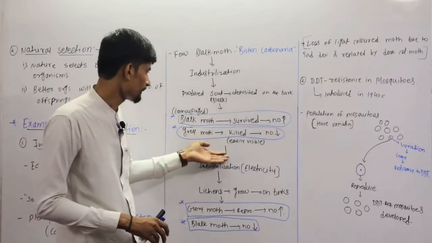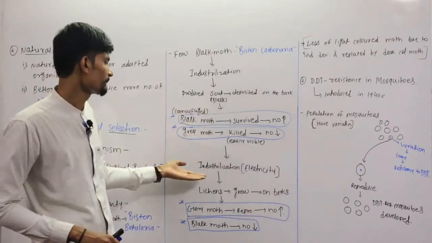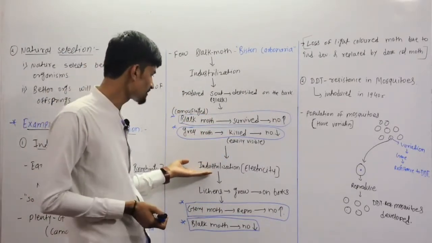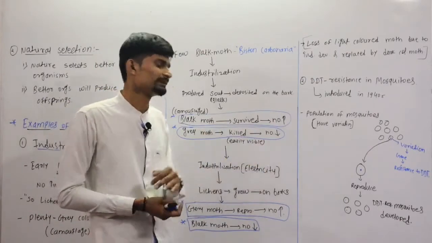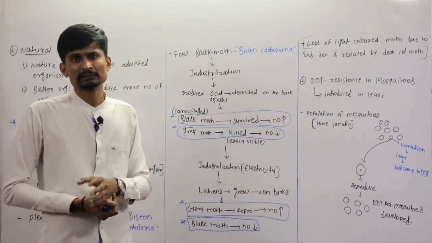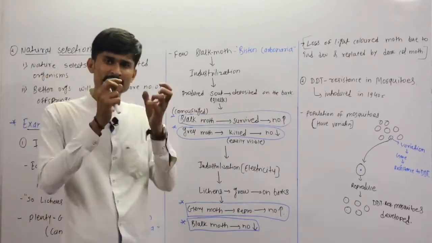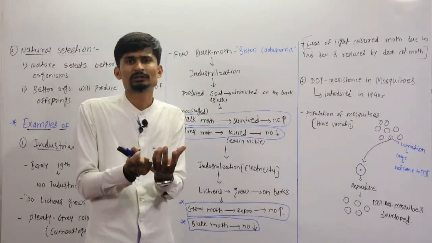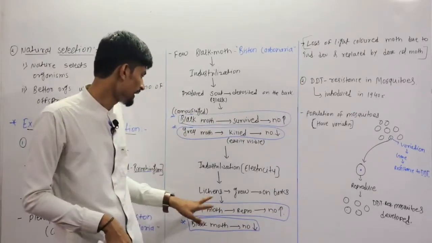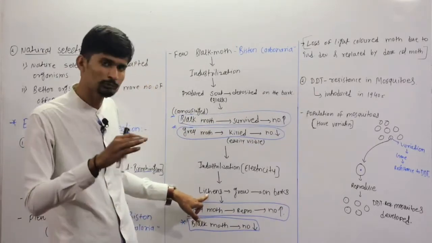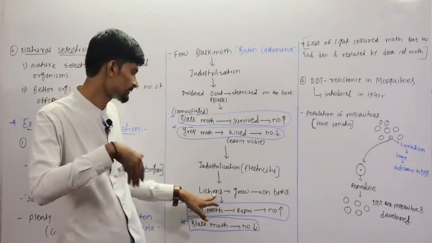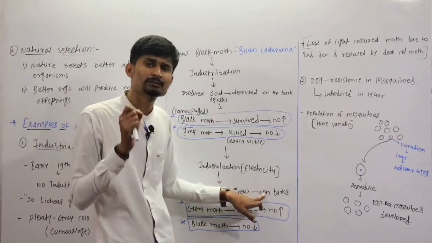But after some period of time, again the industry switches on the electricity. Okay, they get the energy now from the electricity, so again the production of the black soot is reduced. And due to this, as the pollution decreases, lichens again start to grow on the barks.